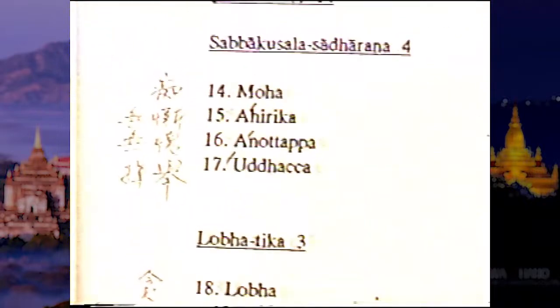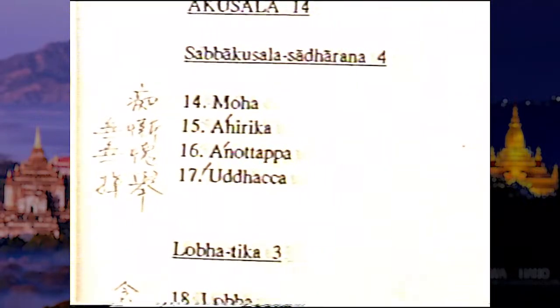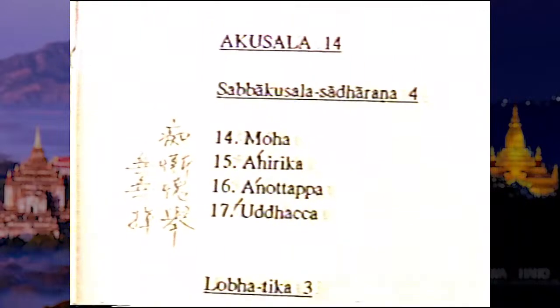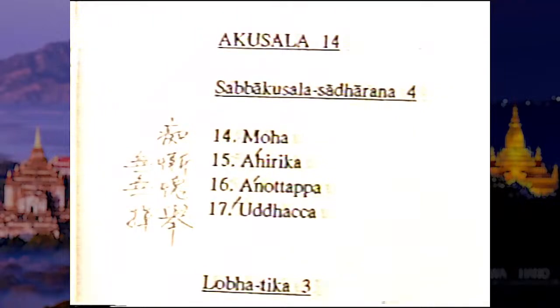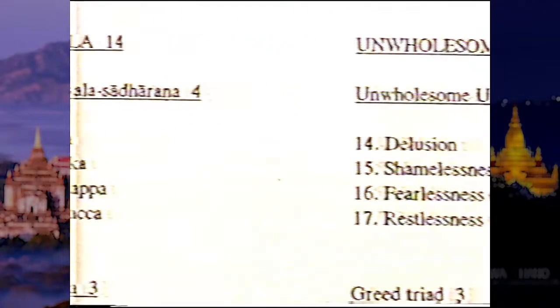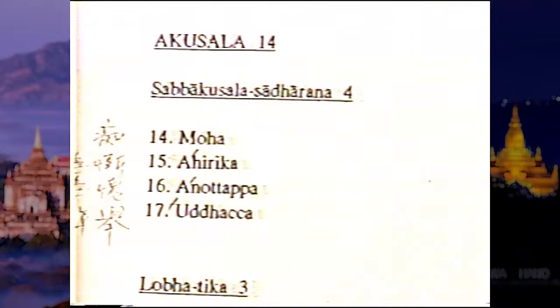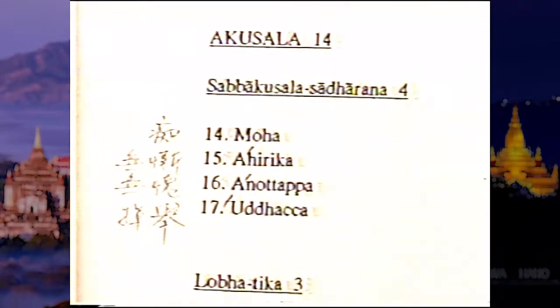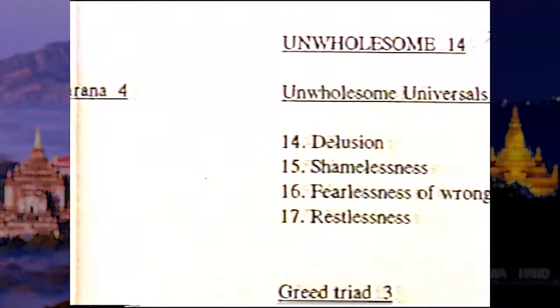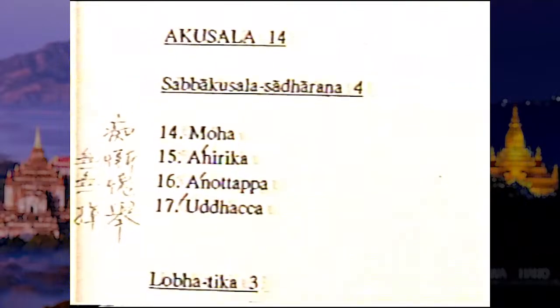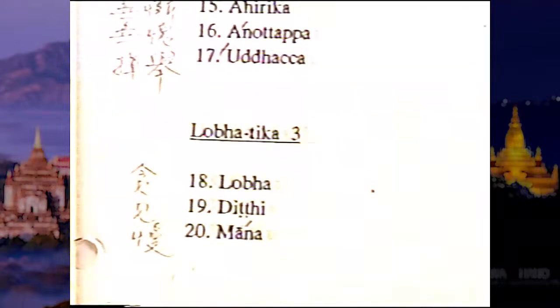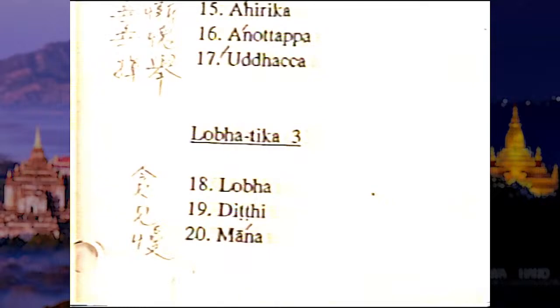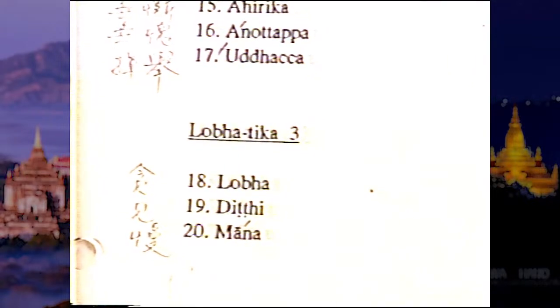So the first group consists of unwholesome universals, that means these 4 arise with every type of akusala consciousness, and they are moha, delusion or ignorance, ahirika, moral shamelessness, anottappa, moral fearlessness of wrong, and uddhacca. What is uddhacca? Restlessness of mind. And then a group of 3 beginning with greed, that is lobha, greed, ditthi, wrong view, and mana, conceit.